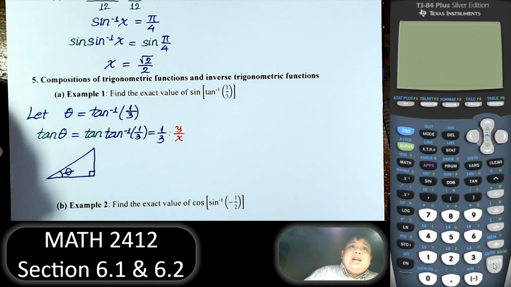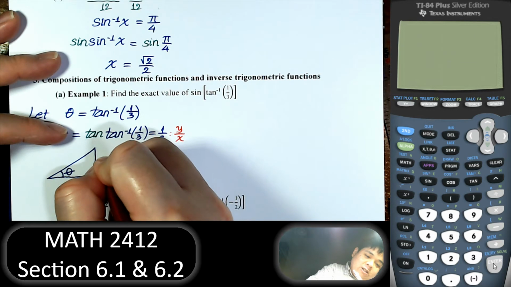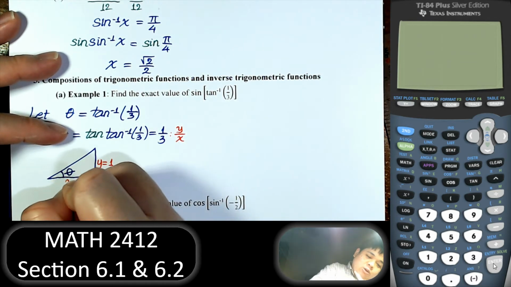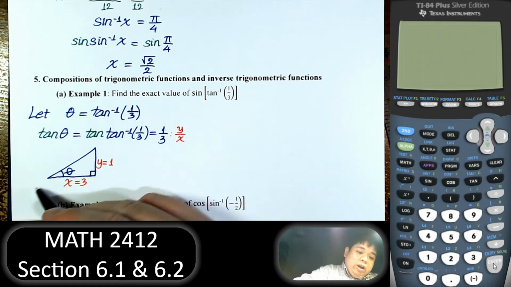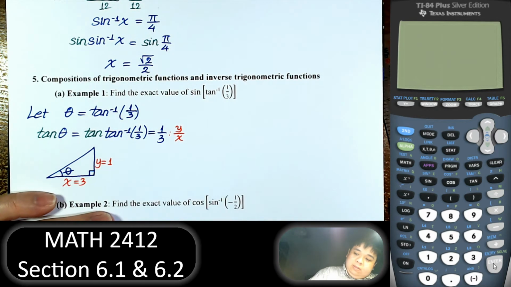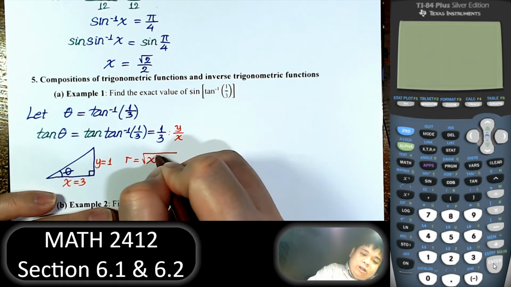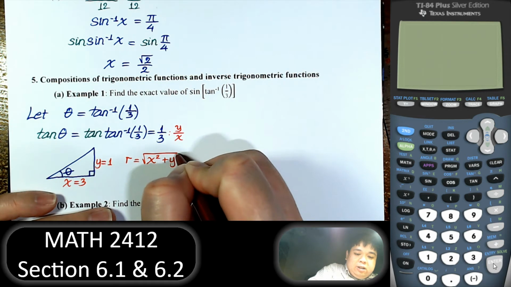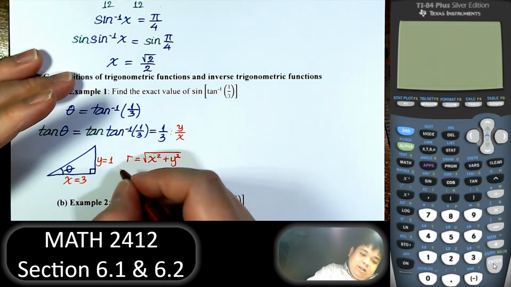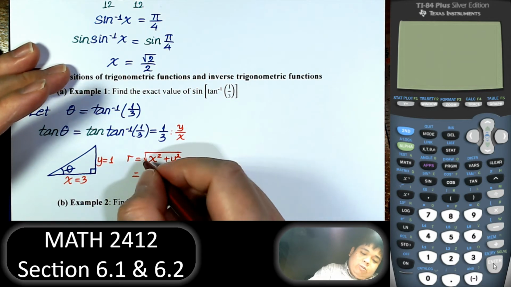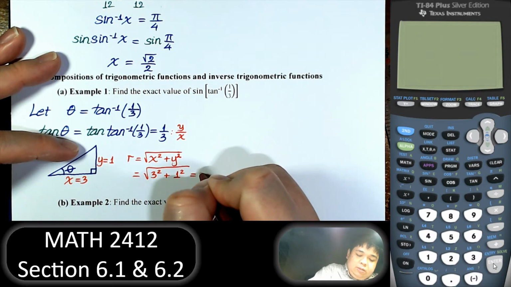Yes. In that case, we let y equal 1. y is the vertical distance. And x equals 3. Because of that, we can find r equals square root of x squared plus y squared. r is always positive. And so that gives us square root of 10.